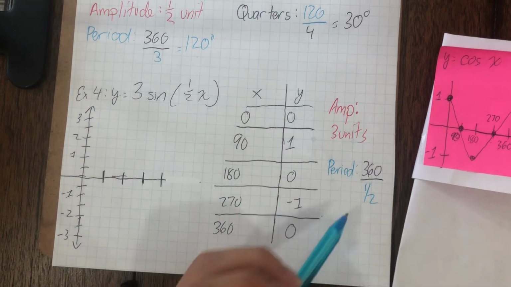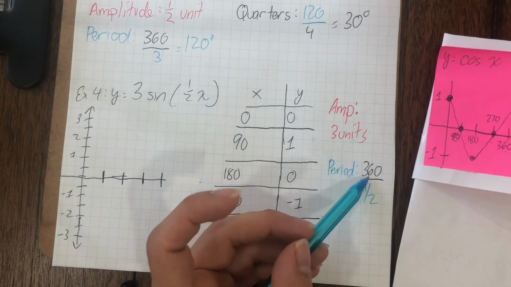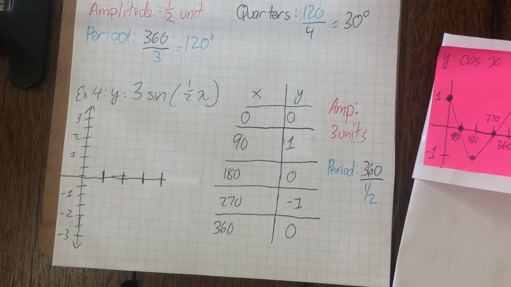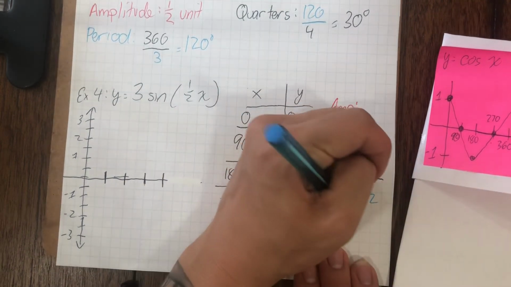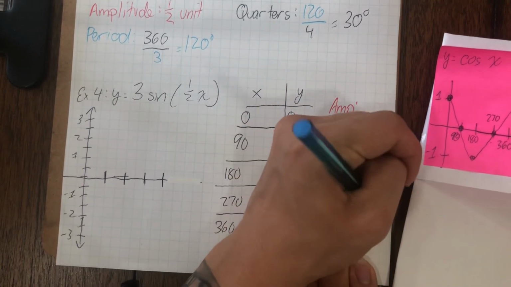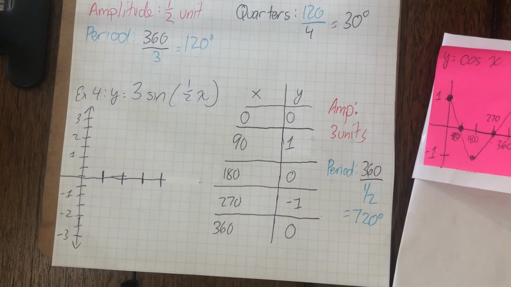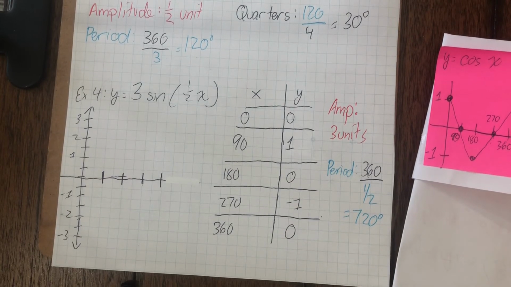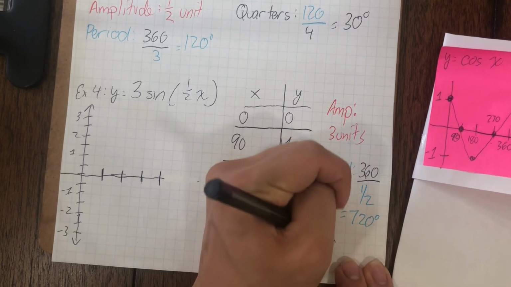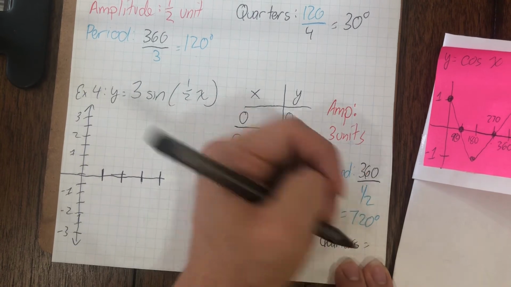So I would read this now as 360 times 2. If I were to do the calculations, I would end up with 720 degrees as my period. So we went from 360 degrees to 720 degrees.